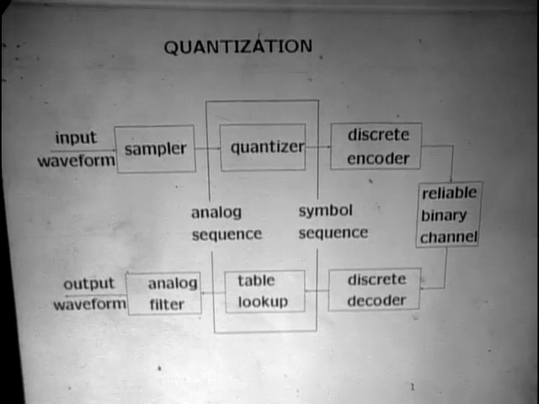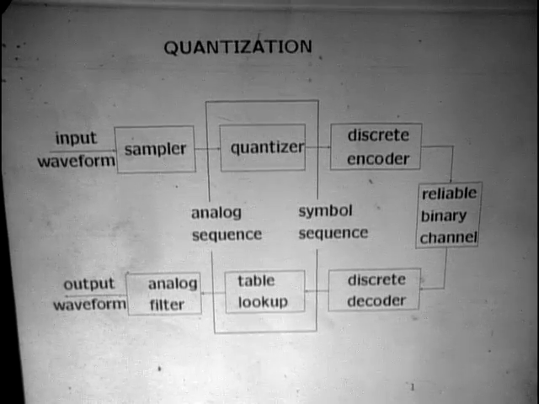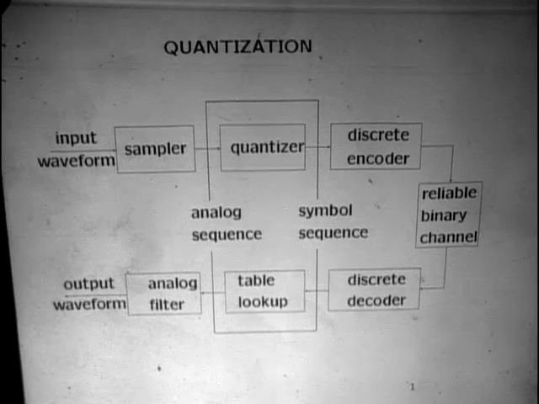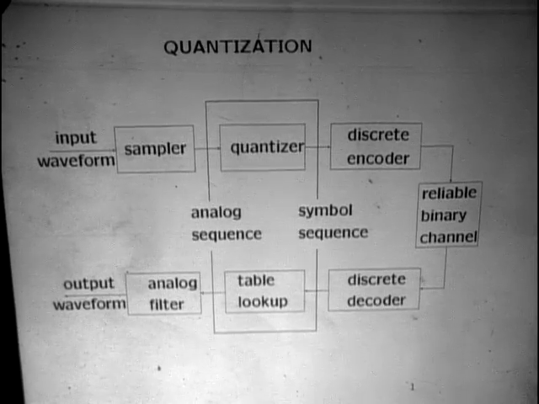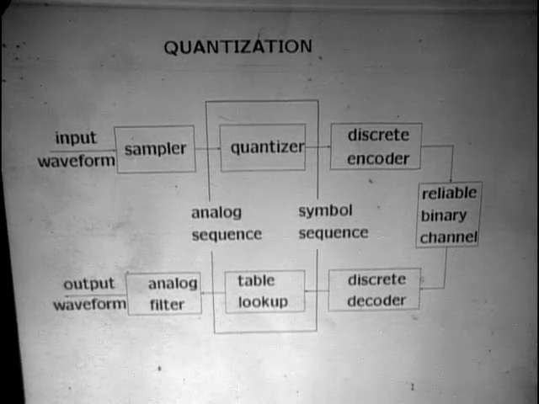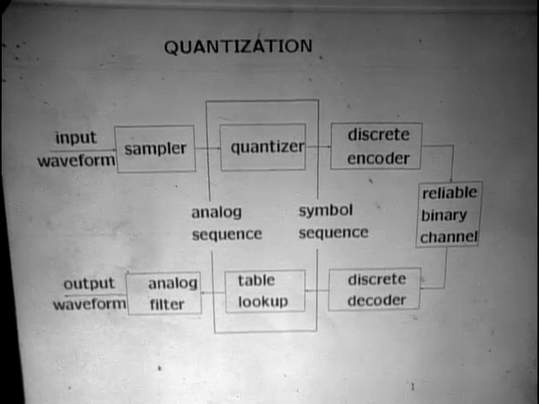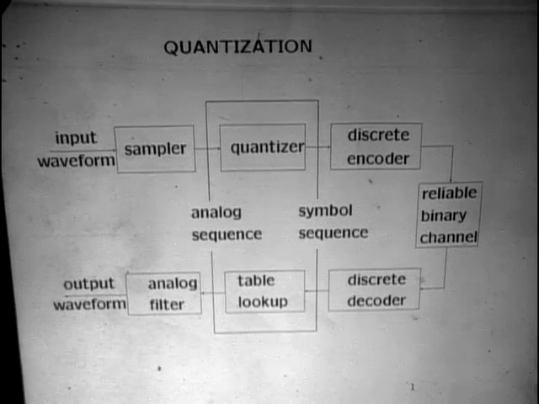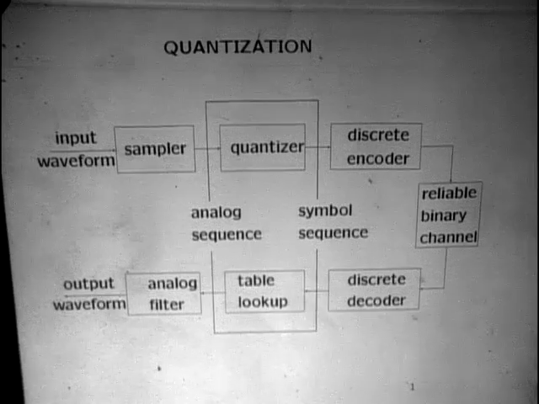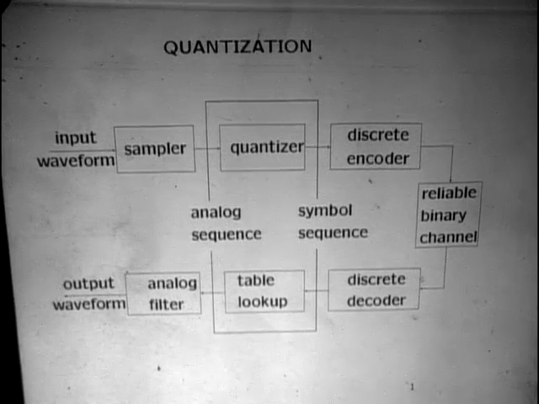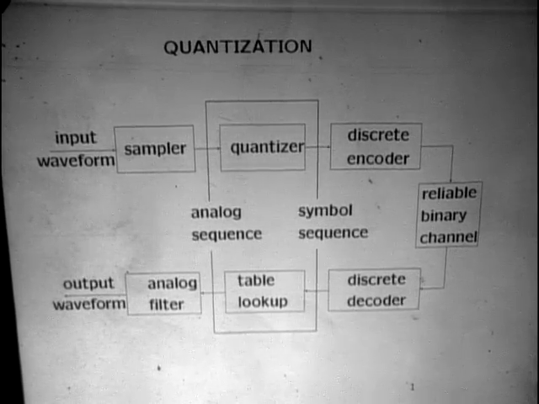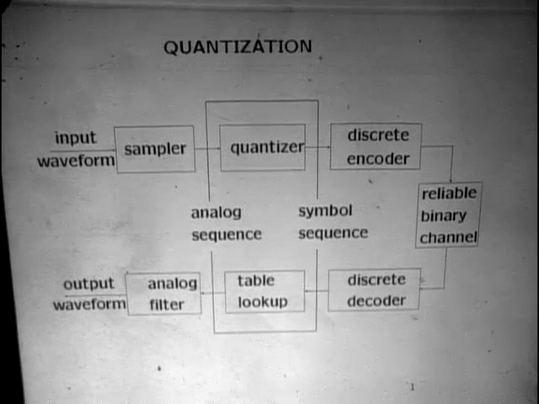You put the discrete symbols into the discrete encoder. You pass it through a reliable binary channel. What is a reliable binary channel? It's a layered view of any old channel in the world. In other words, the way that discrete channels work these days is that in almost all cases, what goes into them is a binary stream of signals, and what comes out of them is a binary stream of symbols.